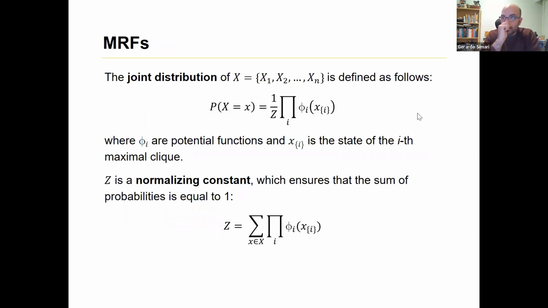The joint distribution, then, the same way that we did for Bayesian networks, is defined as follows. So we have the potential functions.